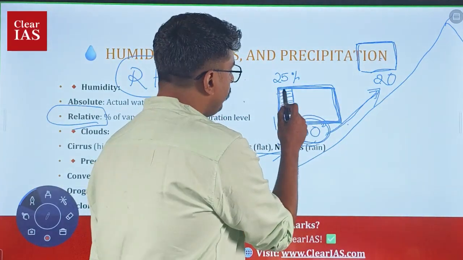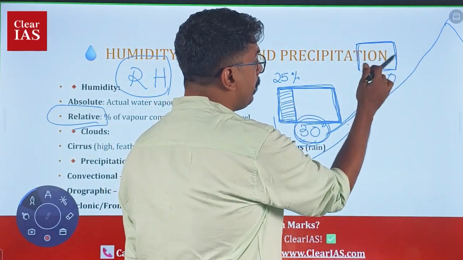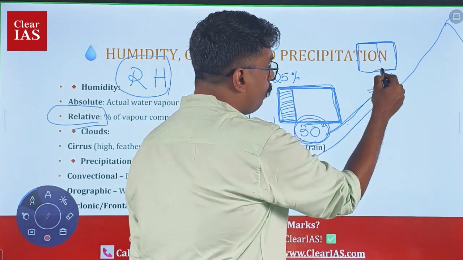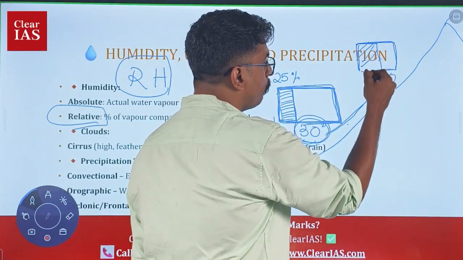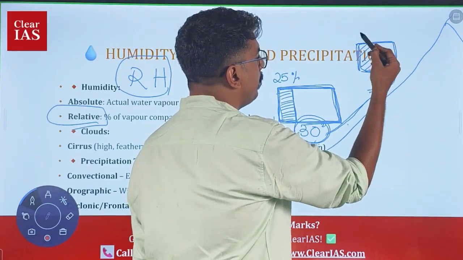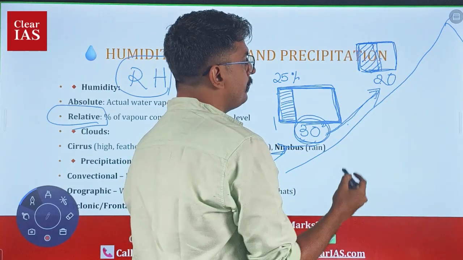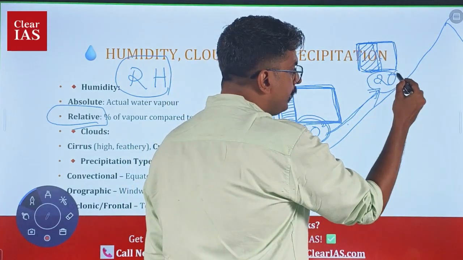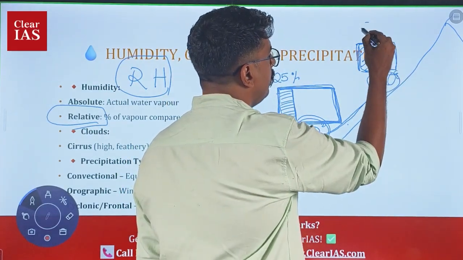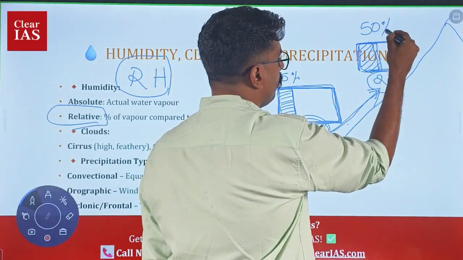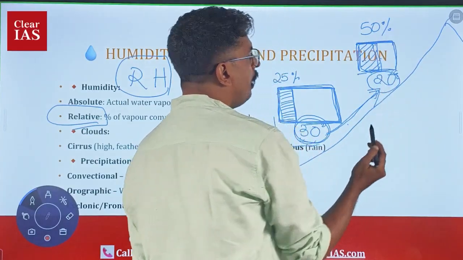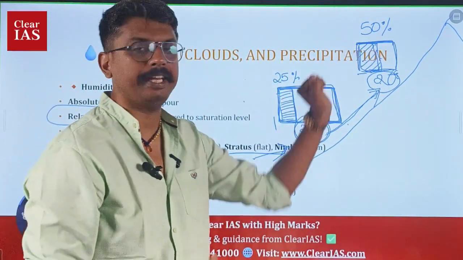Here it was 25%. As the carrying capacity has decreased, now the water vapor is covering almost 50% of the total carrying capacity. So at this point, we say the relative humidity at 20 degrees Celsius of this air parcel is 50%, because it can carry this much, and half of it is carried.